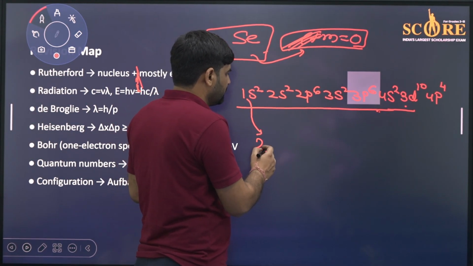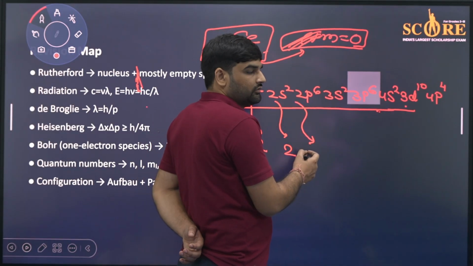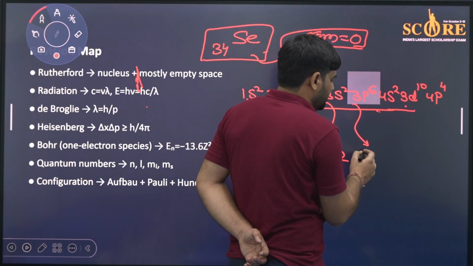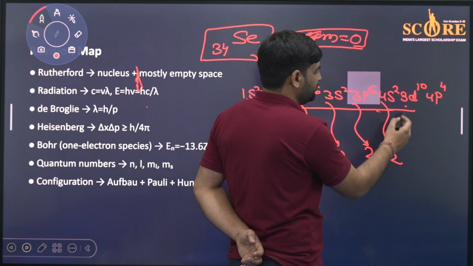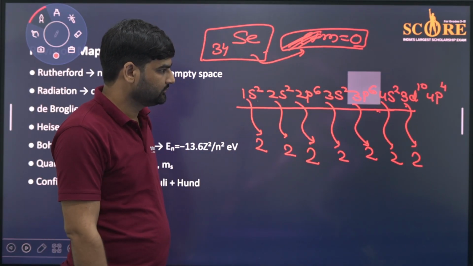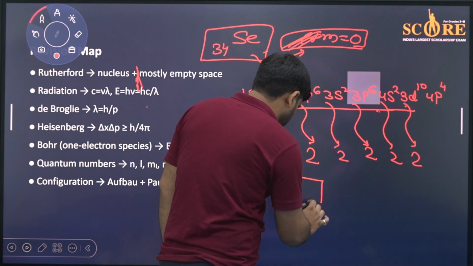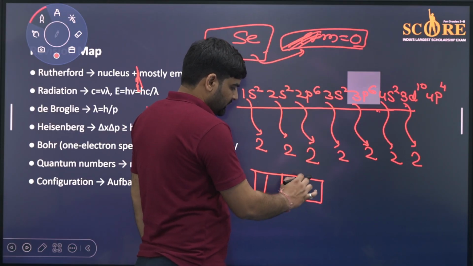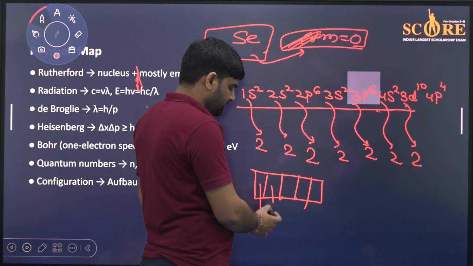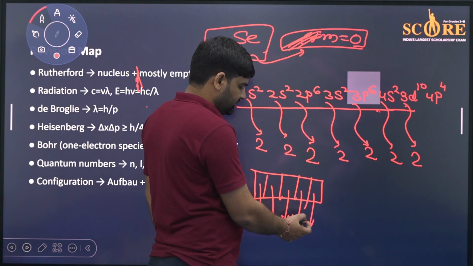So these 2 electrons have L 0, then M also 0. Here also M 0 for 2 electrons, because in D there are 5 orbitals which have M equals to -2, -1, 0, +1, +2.